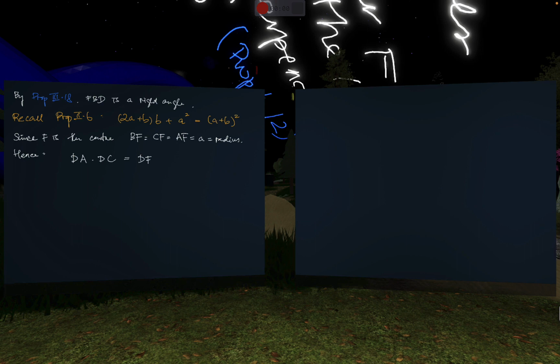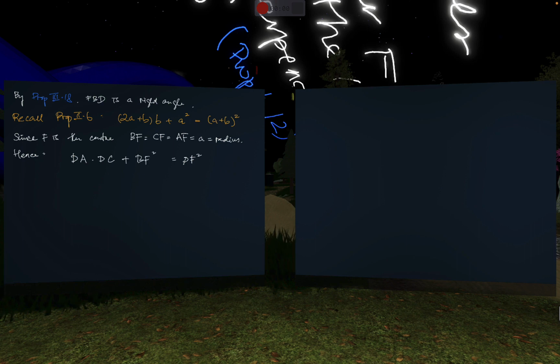You forgot the A squared. Oh yeah, I'm going to shove it on the other side, because I'm going to have minus signs. All right, I'll put it back on the side. So DF squared, and A squared is BF squared, right?